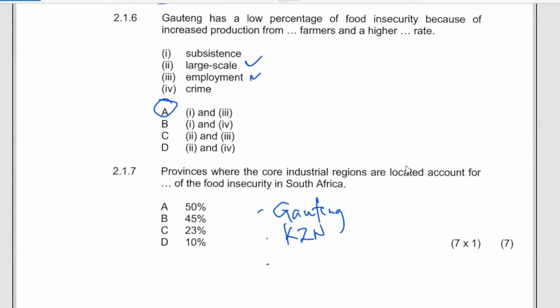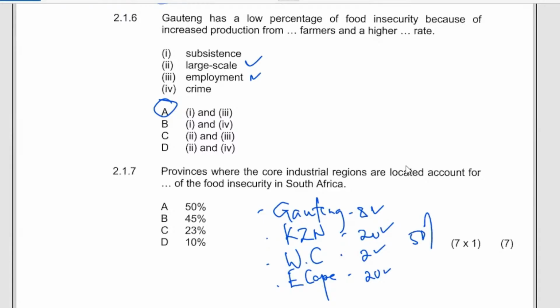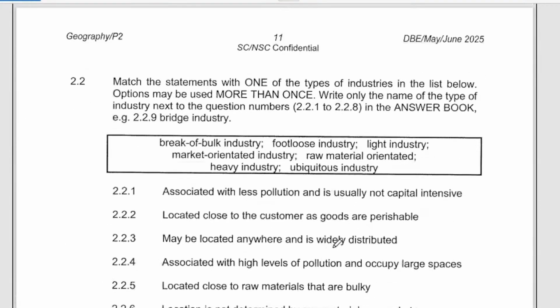Then the other 2 are Western Cape and Eastern Cape core industrial regions. For that reason, we check Gauteng has got 8%, KZN has got 20, Western Cape has got 2%, and Eastern Cape has got 20. So if we add this, 8, 28, 30, 50. Right, we'll move on to the next question.